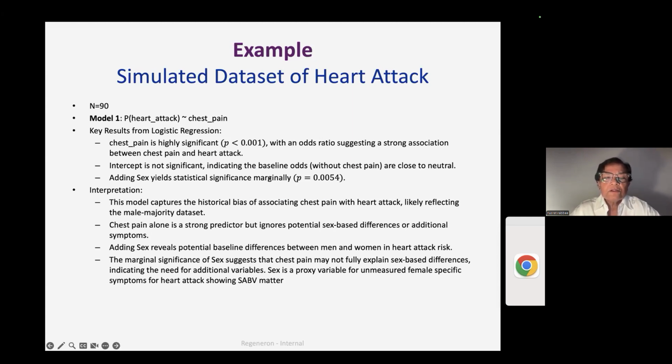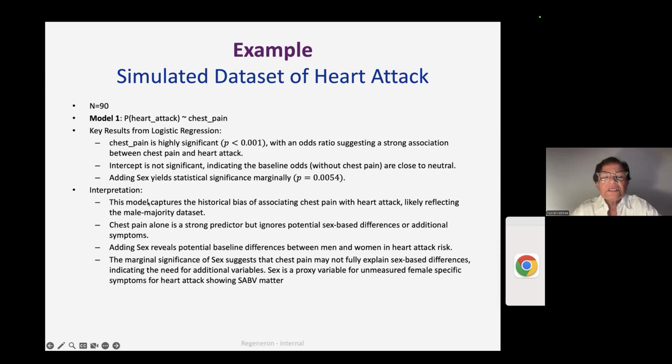The intercept is not significant, indicating the baseline odds are close to neutral. Now, adding sex yields a marginally significant p-value. I think this is an extra zero. Sorry about that. So that could be a clue that something is happening if you add sex here.